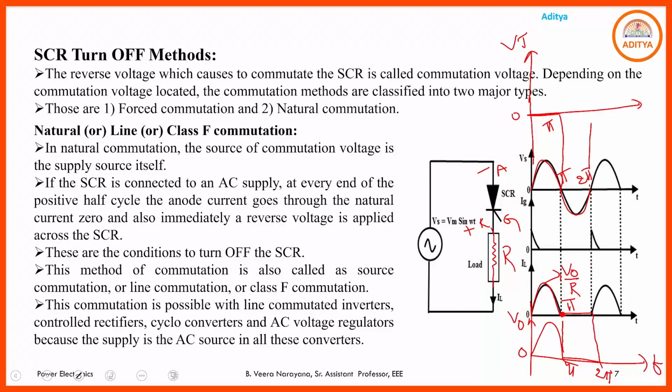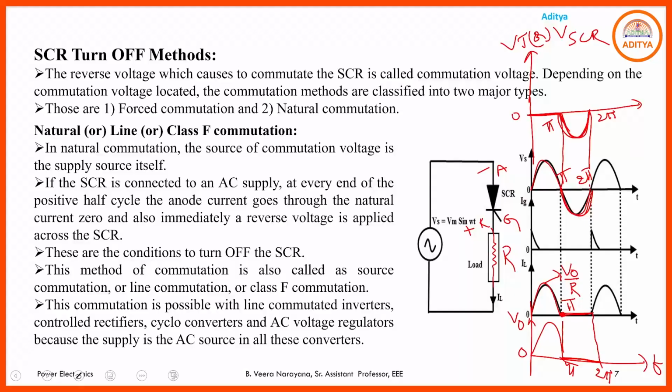But from pi to 2 pi, the SCR will be in the off state, so that negative portion of the source voltage is available across the thyristor or SCR. When the SCR is in the reverse biasing mode, the total source voltage is available across the thyristor and correspondingly the output voltage and output current are 0.